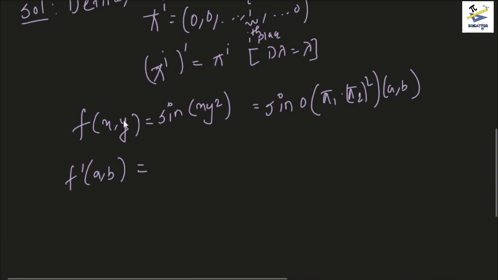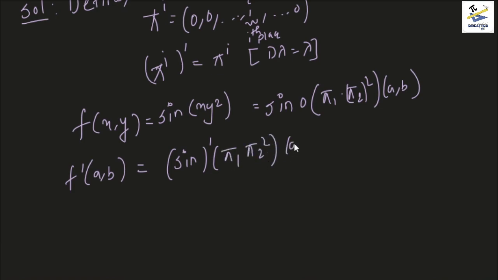So we can write it as: derivative of sine, with the argument pi 1 into pi 2 squared at the point a comma b, multiplied by the second part. This is the chain rule: you differentiate the first function with the second function as its argument, and then you differentiate the second function, pi 1 into pi 2 squared, at the point a comma b.